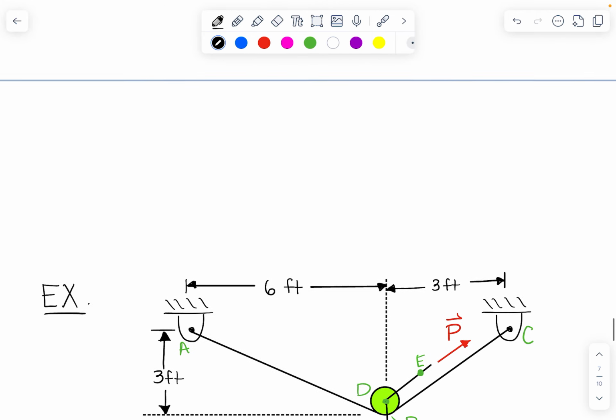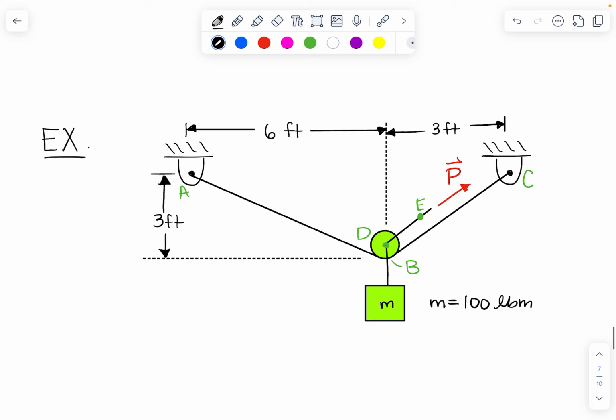And let's do an example to really see that. So here in this example, we have a pulley with a mass hanging on it.